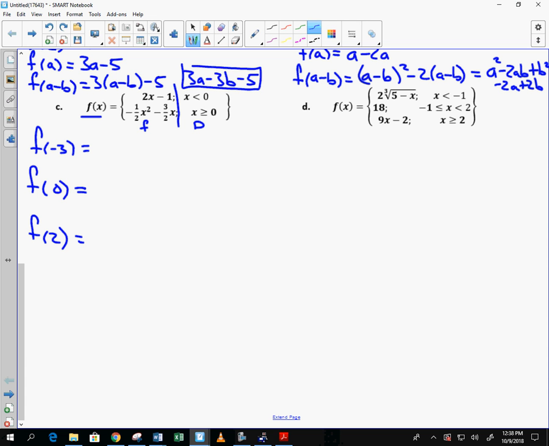Goes into the top one. If this guy satisfies this one, then we plug it into this. If this guy satisfies this one, then we plug it in the bottom one. Because it's less than 0, we take 2 times negative 3, and we subtract 1 from it. And we get negative 7.